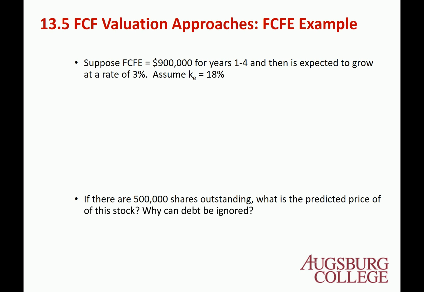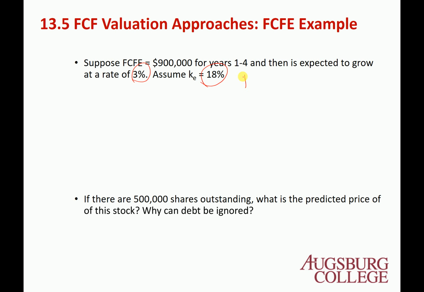So let's see this example again. Suppose free cash flow to equity holders is 900,000 from year 1 to 4, same thing, with a 3% growth rate and an 18% cost of equity. Then what is the share price now?